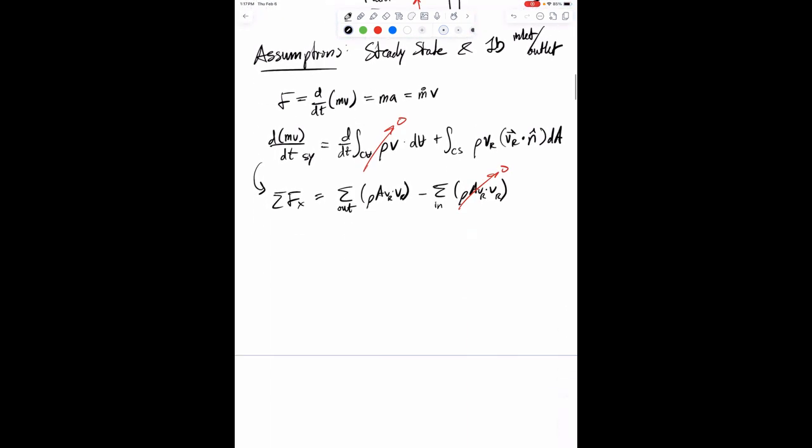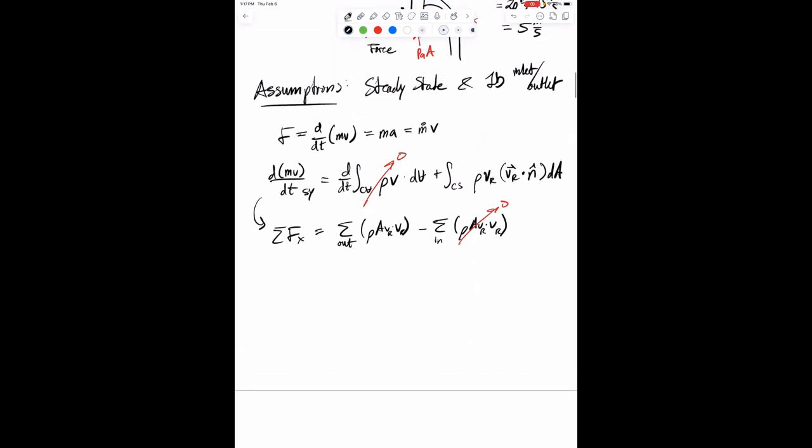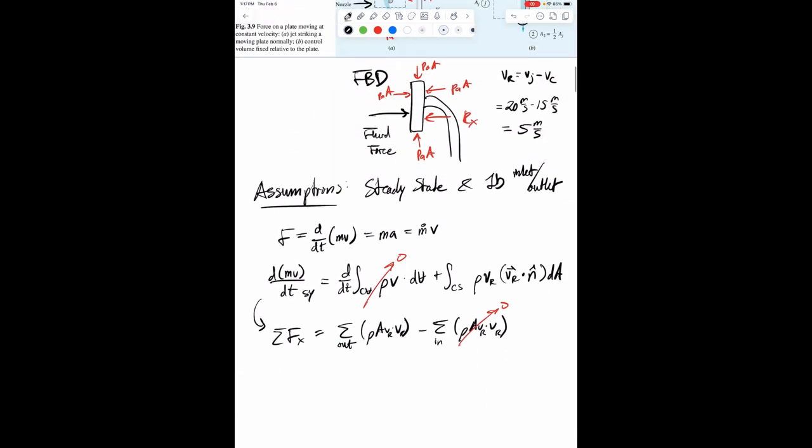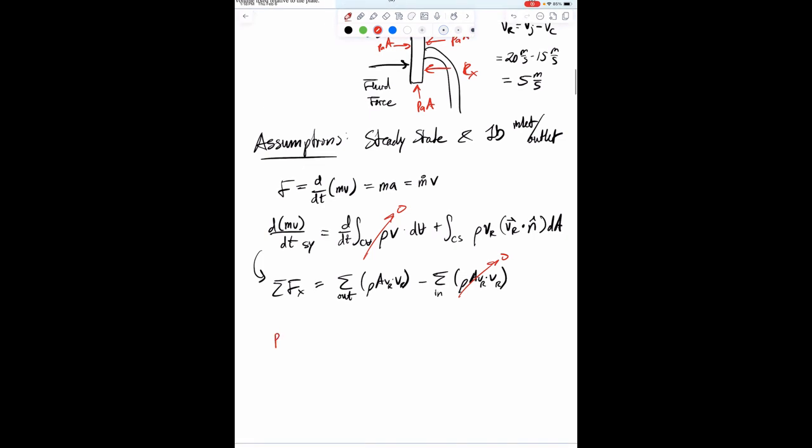So let's start with the left side. Summation of forces. And this summation refers to all the red terms I have here. Once again, we only care about the x component. So we have pressure force acting from left to right, minus pressure force acting from right to left, minus R_x, because I'm assuming that reaction force acts to the left.